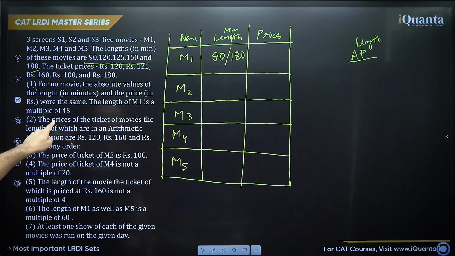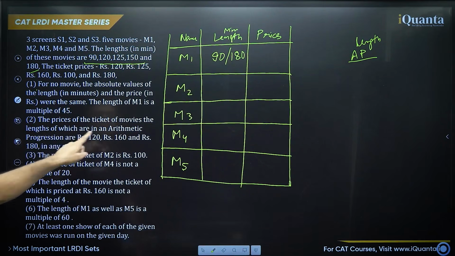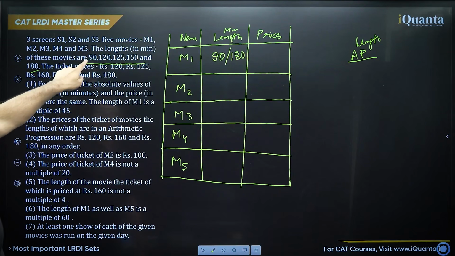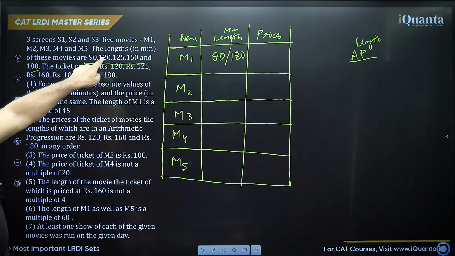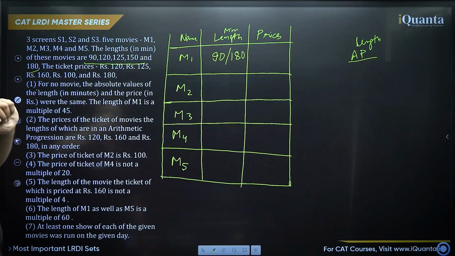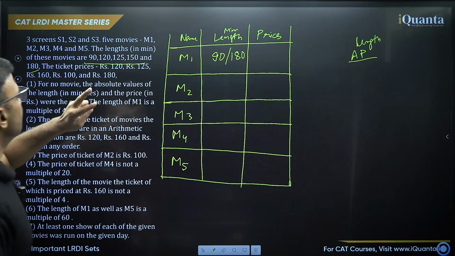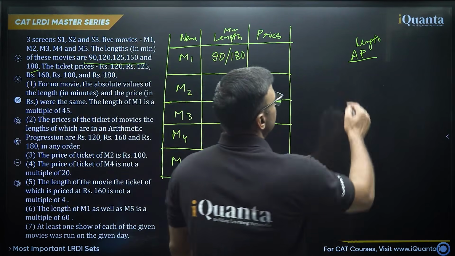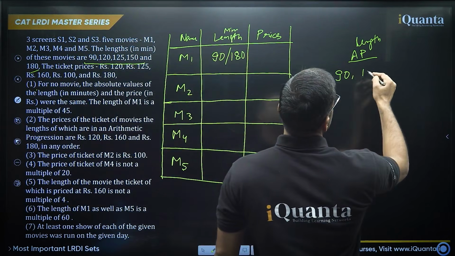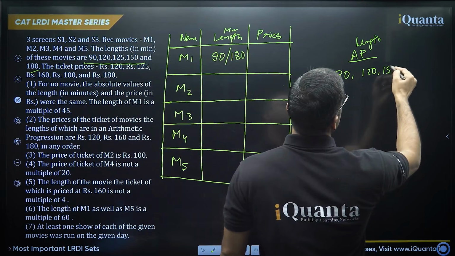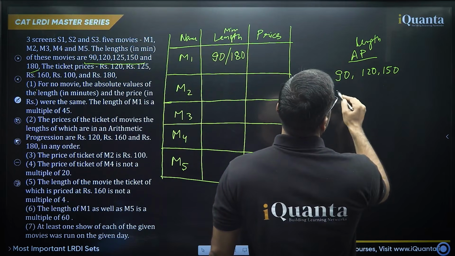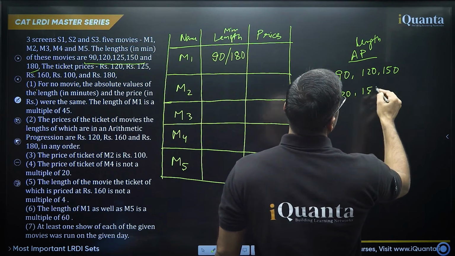Okay. Prices of the ticket of movies of length, the length of which are in arithmetic progression. So here the lengths are 90, 120, 125, 150 and 180. So I see that there are 2 APs. One is 90, 120, 150. And the other one is 120, 150, 180.